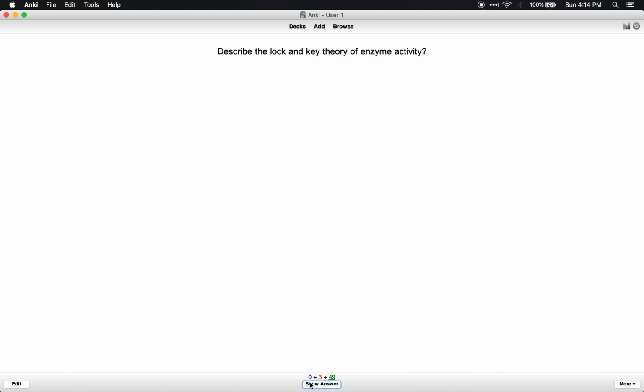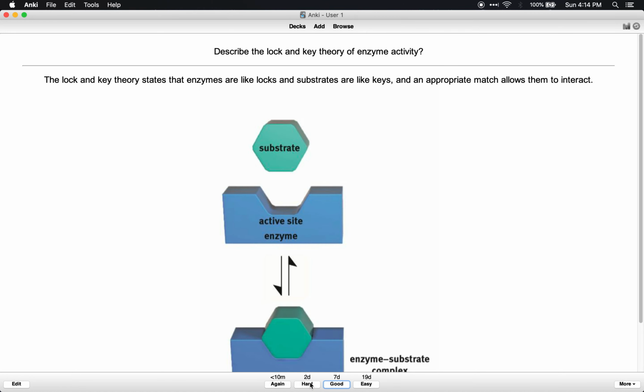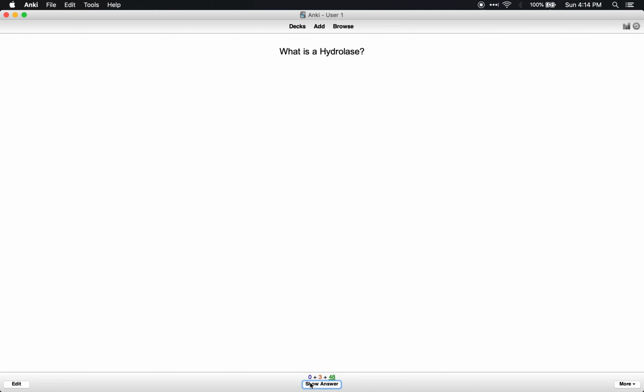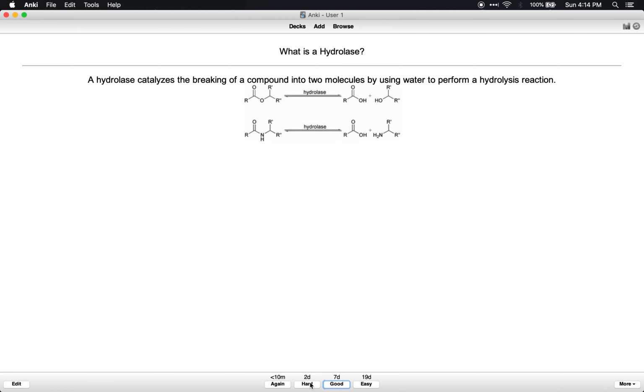Lock-and-key theory of enzyme activity states that substrate binds to an enzyme active site, just like a key in a lock, it fits snugly. Hydrolases catalyze the conversion of one product into two other products by using water. So that's a decondensation reaction.